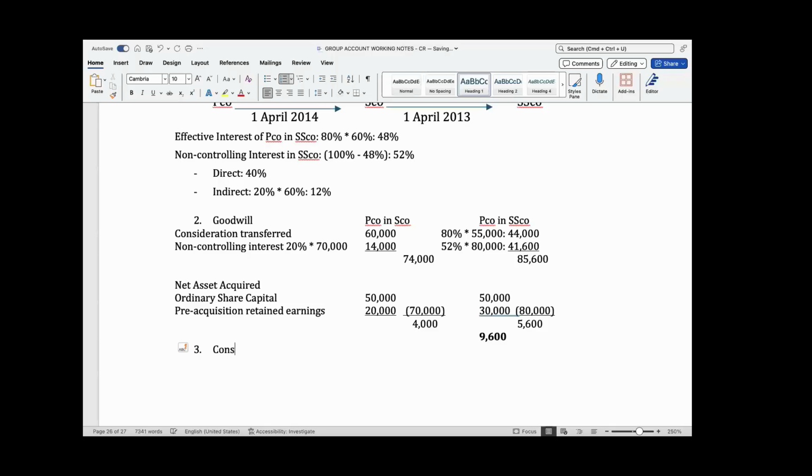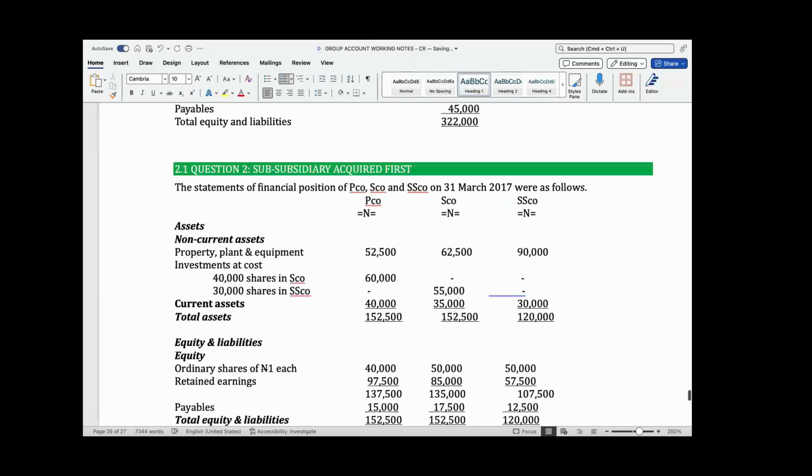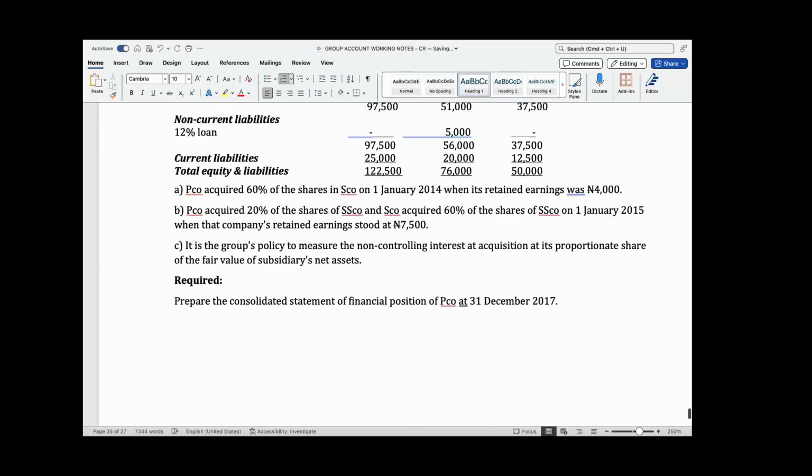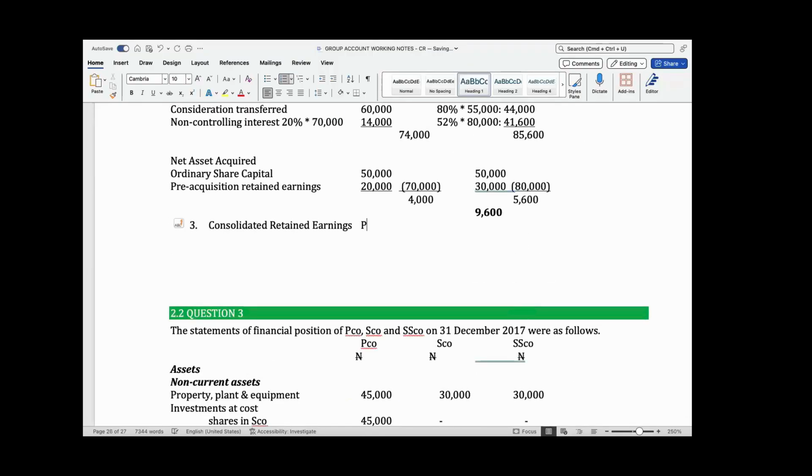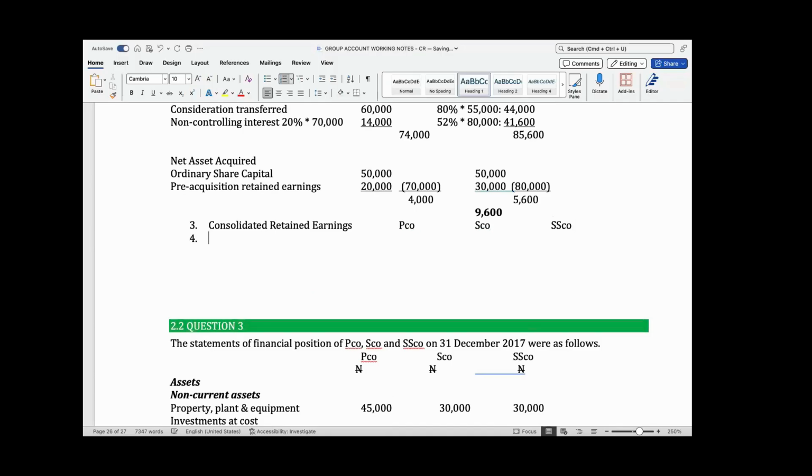Let's move to the third one, which is consolidated retained earnings. So we have PICO, ESCO, and SSCO.